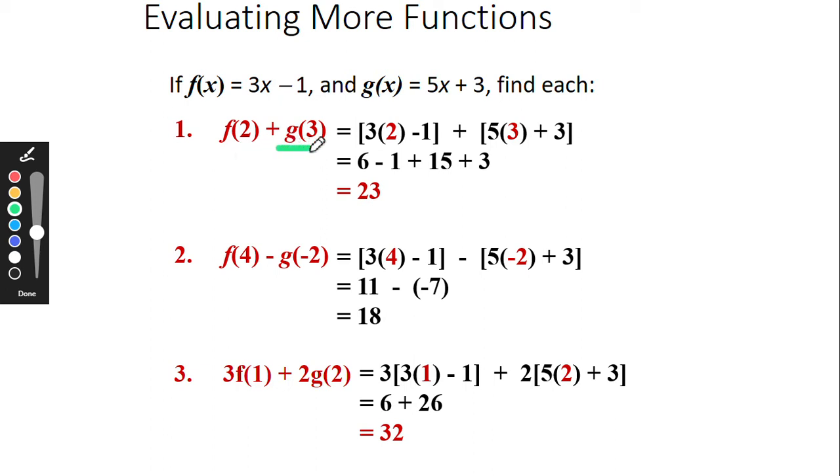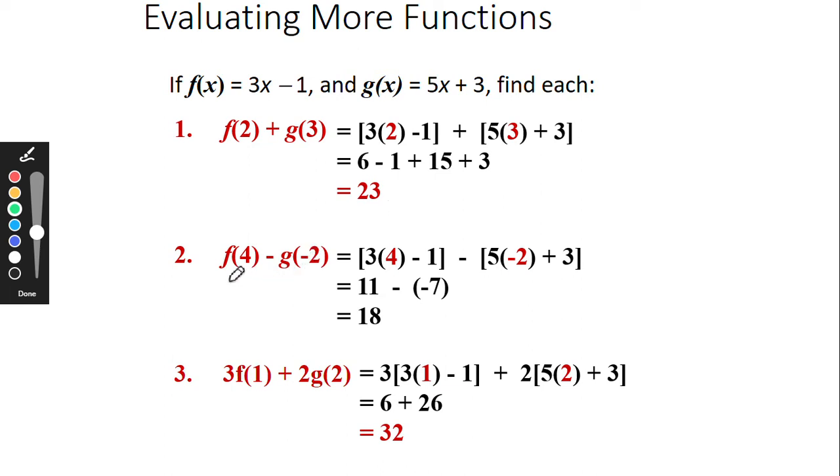You're going to find what g of 3 is. Whatever answer you get for f of 2 and g of 3, you add those two numbers together and you are going to get 23.